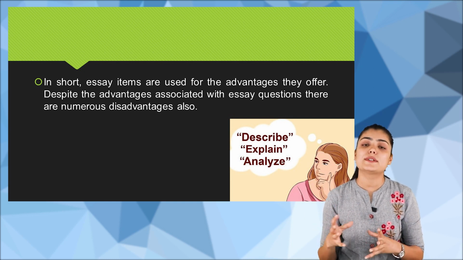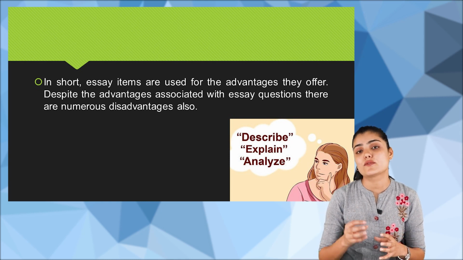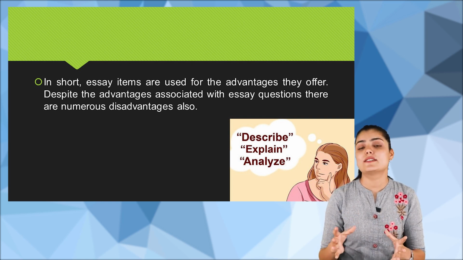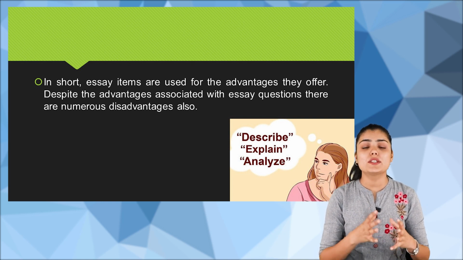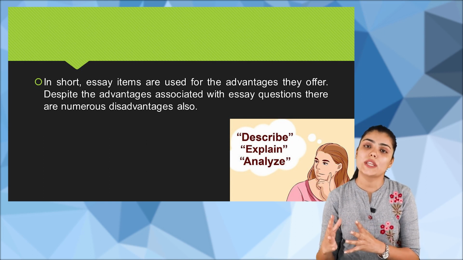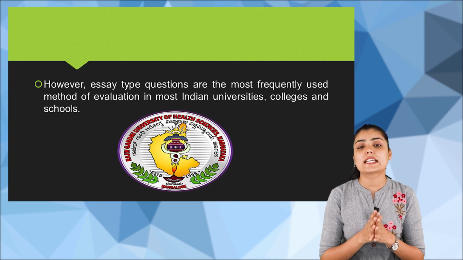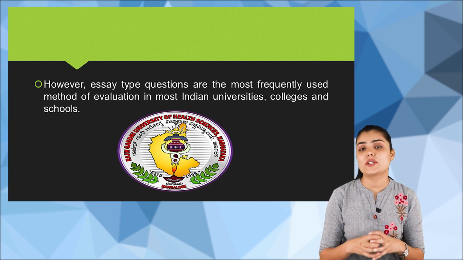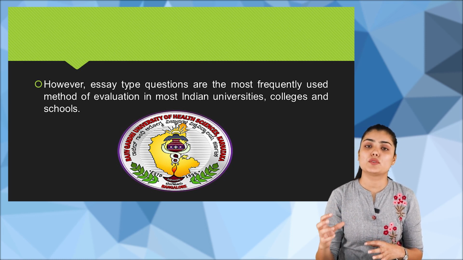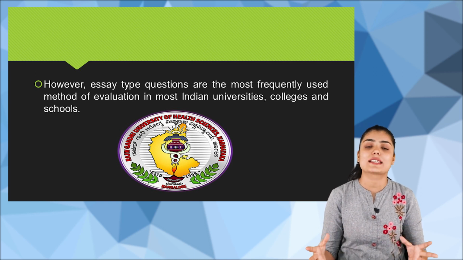Whereas if we take multiple choice questions or short answer questions, there is less chance of subjective bias. So that is one of the disadvantages of an essay question. But even though it has disadvantages, in Indian universities and colleges, the essay type question is the most commonly used evaluation tool, as well as in schools.